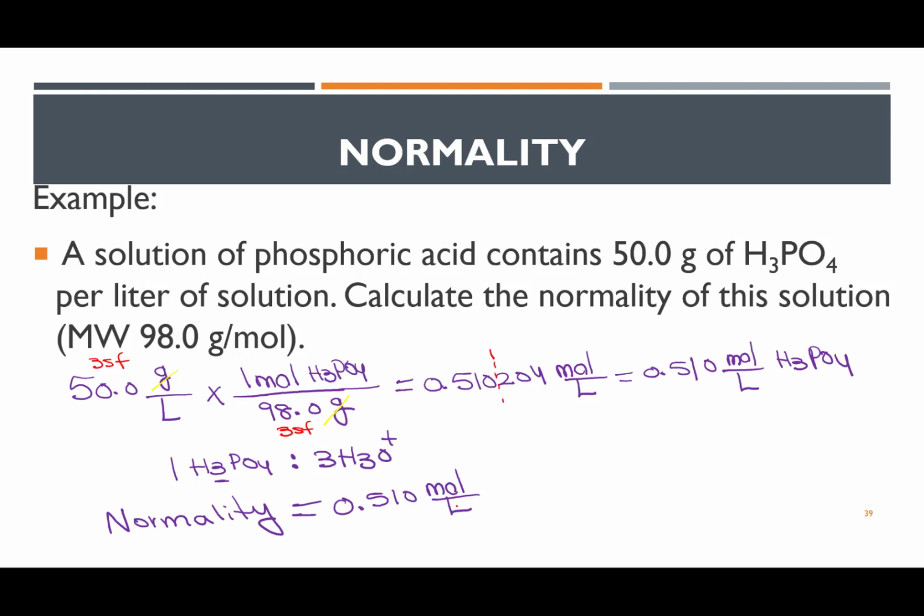Here it has to be hydronium ion because we deal with an acid, times 3, which will be 1.53, and the unit for normality is capital N. And that's how we calculate the normality of phosphoric acid.